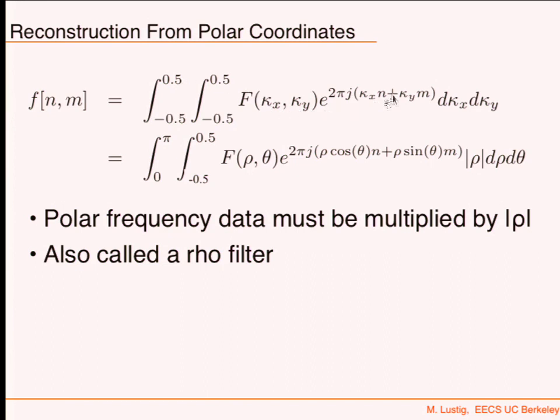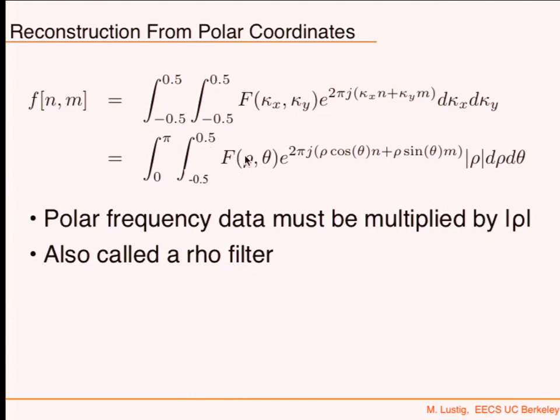And again, I'm using the notation of k, which goes from minus 0.5 to 0.5, as opposed to omega, which goes from minus pi to pi. The nice thing about this is I don't have to divide by 1 over 2 pi, so it's symmetric. But it's exactly the same thing, because 2 pi times k is really omega. So same thing. I do the double integral, and I will get the result.